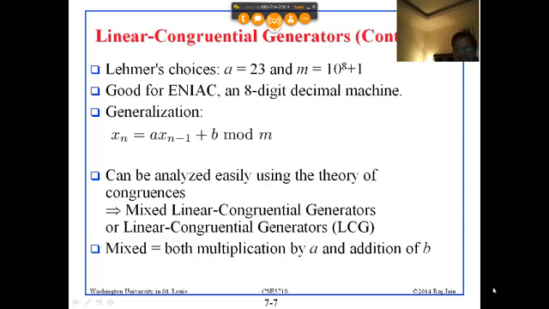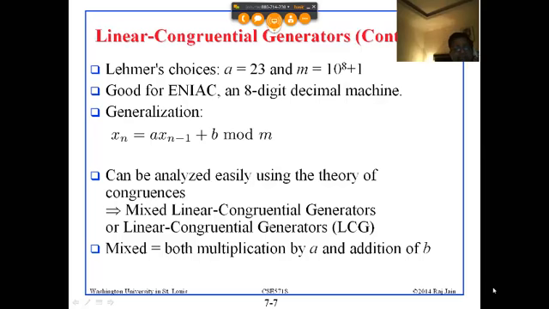So that's the number he chose, 10 raised to 8 plus 1, and 23, which is not only prime but also relatively prime to 10 raised to 8 plus 1, meaning they don't have any common factors, or at least 23 is not a factor of 10 raised to 8 plus 1.